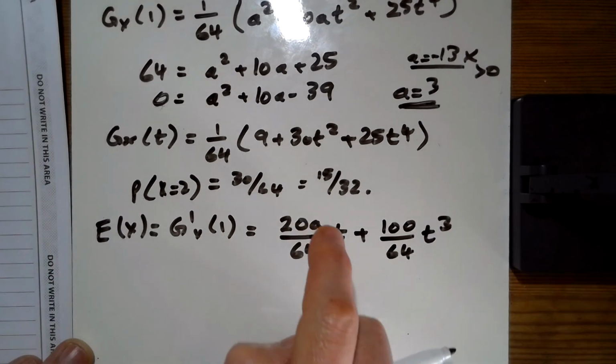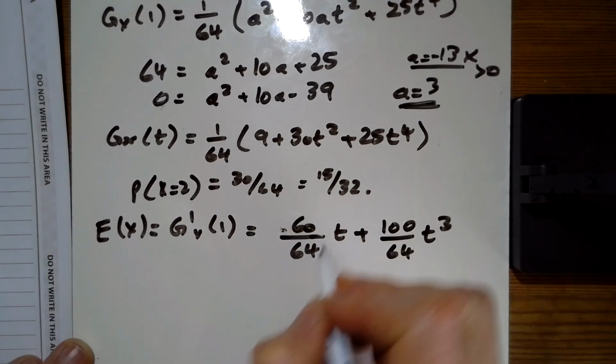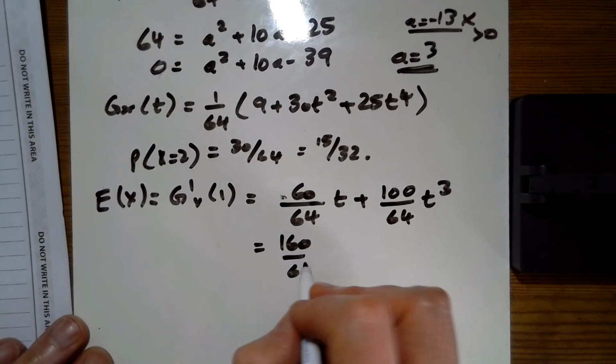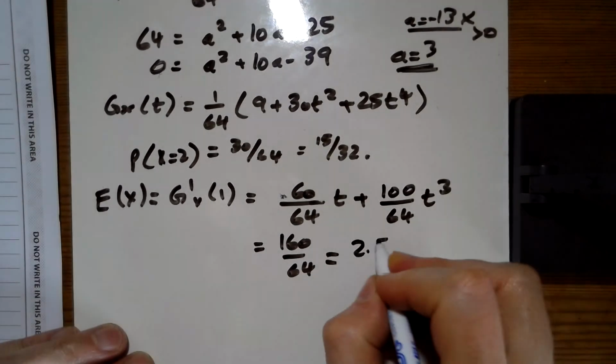A we know is 3, don't we? So that's just 60 over 64. Throw a 1 into that, makes 160 over 64. 160 over 64, that's just 2.5.